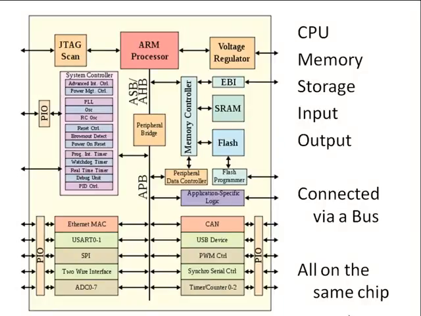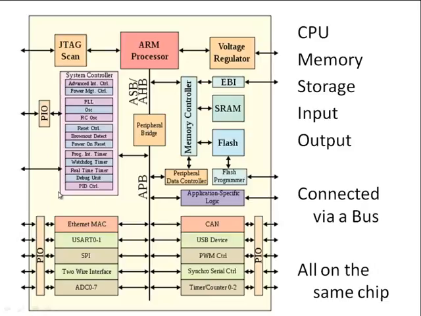And so here's an example of a possible system on a chip, and again we can see here we've got an ARM processor core at the centre of it. We've got a bus inside the chip itself, and we've actually got a peripheral bridge at the centre here. And we can also see we've got memory controllers, and we have RAM, and we have some flash memory, and we have a number of different input and output connections.